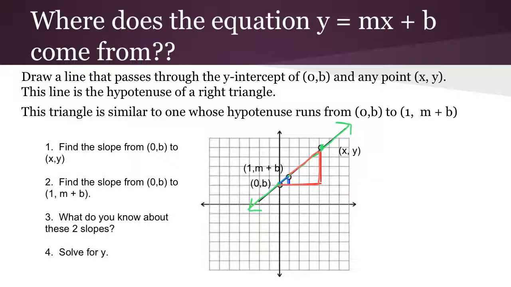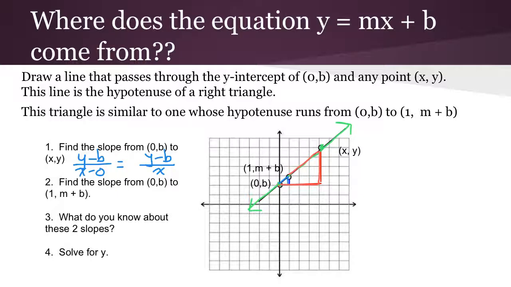Okay. So if I want to find the slope from (0, b) to (x, y), I would simply subtract. So I am going to take y minus b as my numerator and x minus 0 as my denominator. So that will just simplify to y minus b over x.